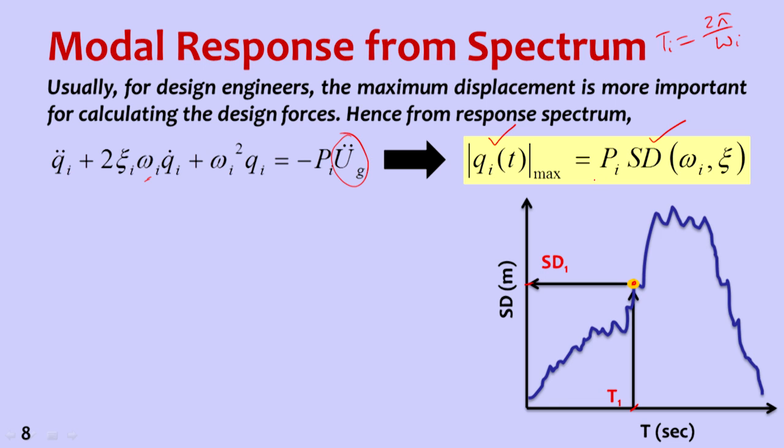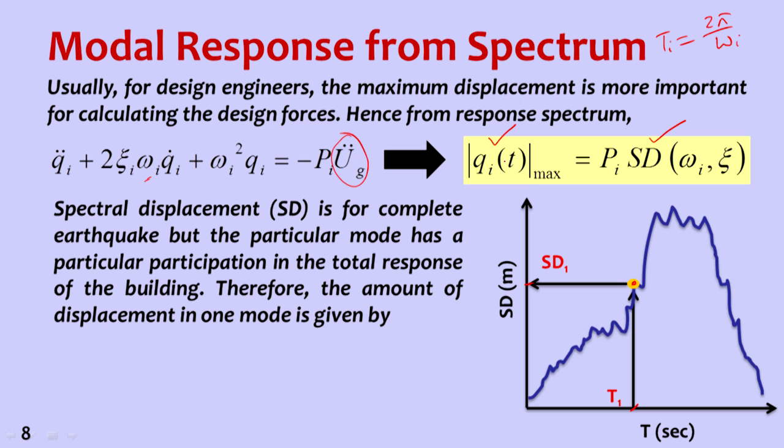And there is a mass participation in that mode shape, which is given by P1. So the spectral displacement we multiply with the participation factor to get the maximum displacement which it is contributing to the total response. The spectral displacement is for the complete earthquake, but a particular mode shape has a particular participation in the total response of the building.